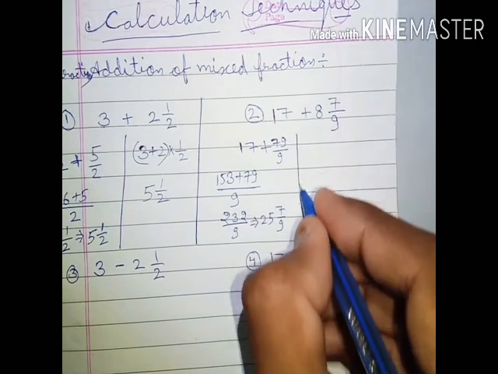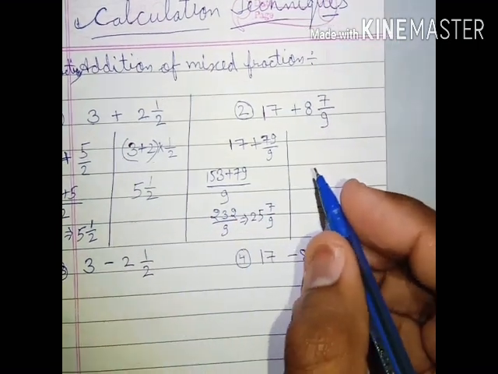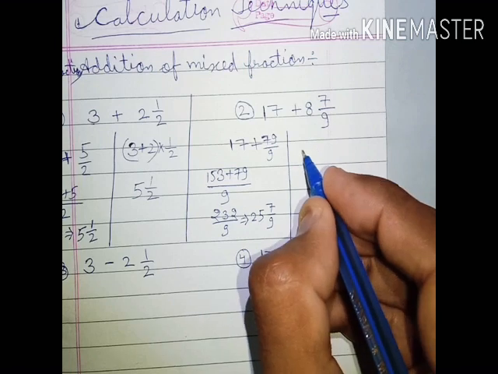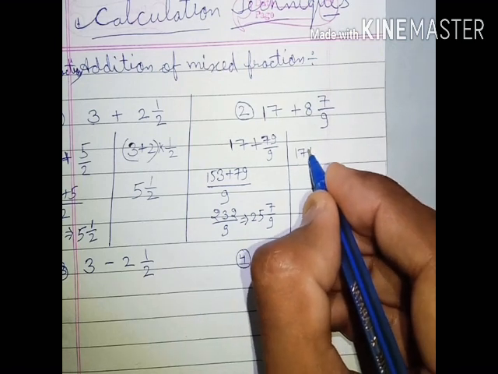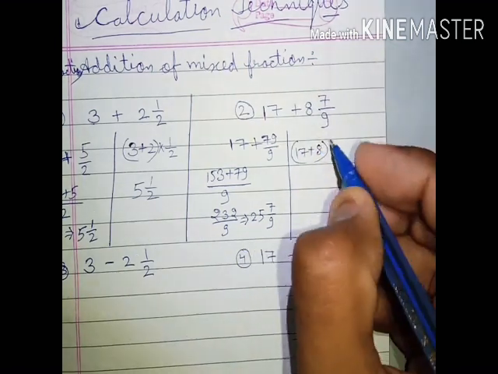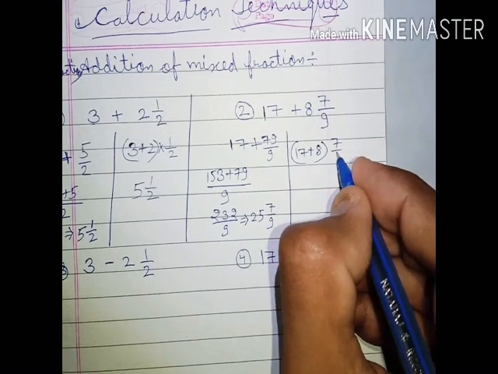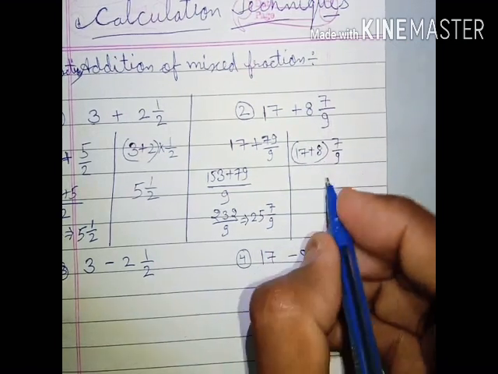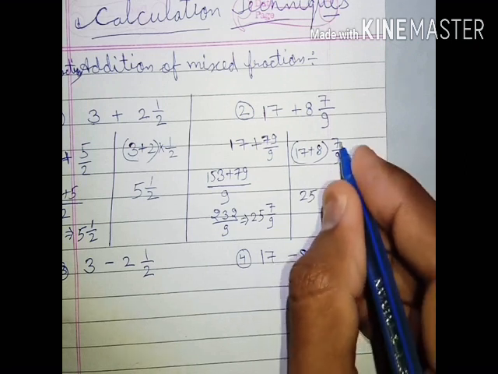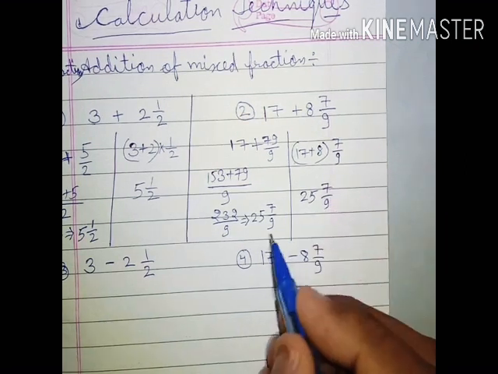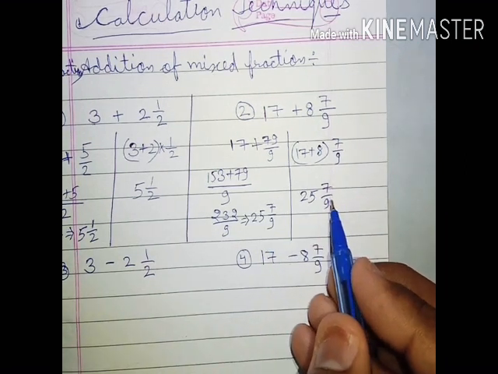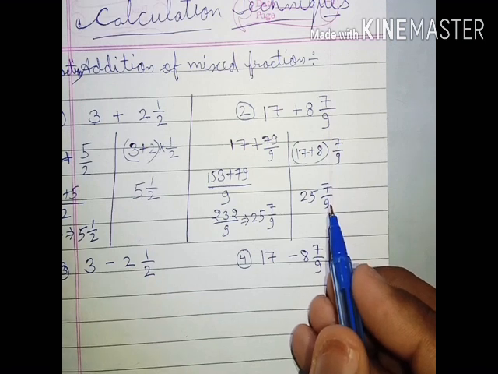And if we do this question by our simple method, we just add 17 plus 8, and with this we write 7 by 9. 17 plus 8 will become 25 7 by 9. You can see the answer is the same, but we saved too much time with this type of technique.